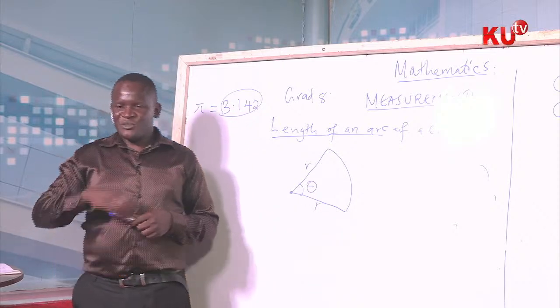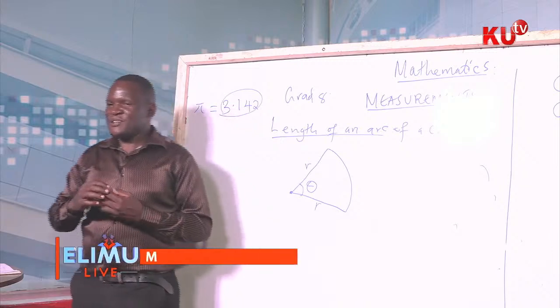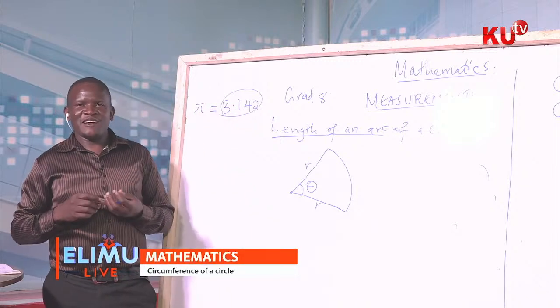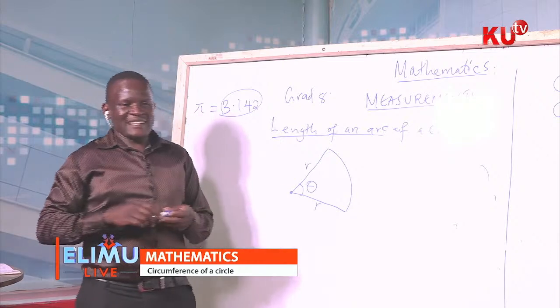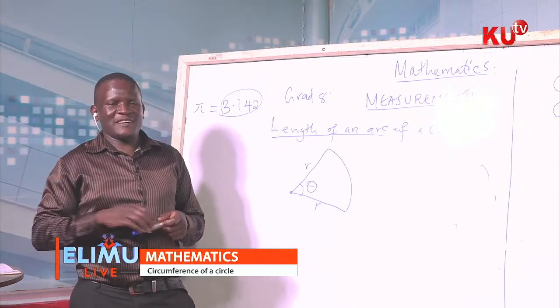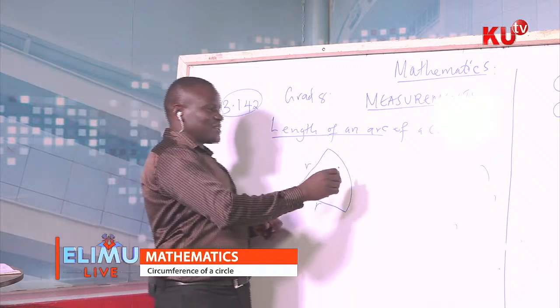How then do we go about such a problem whenever you are asked to find the circumference? So when you are given the arc and you are asked to find the circumference, this is what you are going to do.